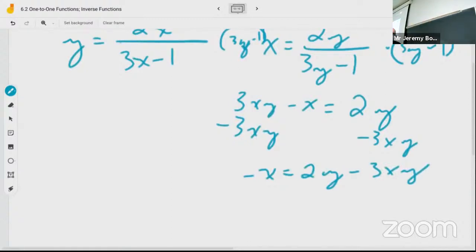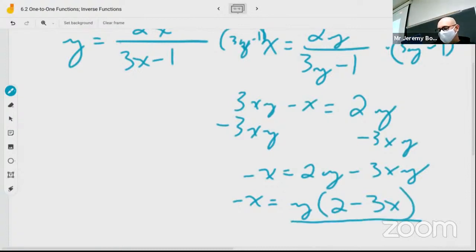And now that I have every term with y on one side, every term without it on the other side, this term has a y, this term has a y. I can factor y out. So I'm going to have negative x is equal to y times 2 minus 3x. And then isolate the y, get y alone.